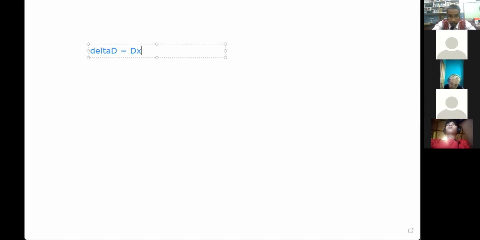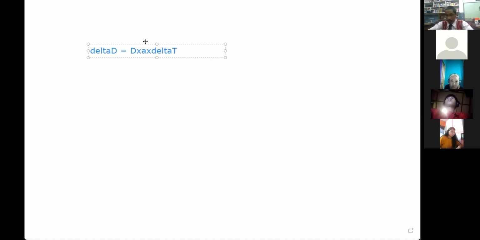So our equation is: change in diameter, or delta D, is equal to diameter times alpha times change in temperature, or delta T. Right? So this is the formula.